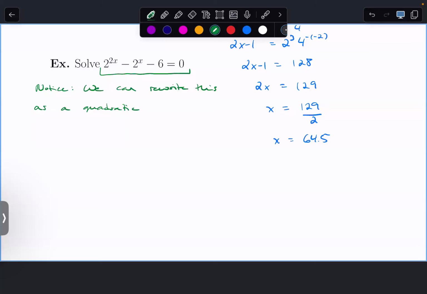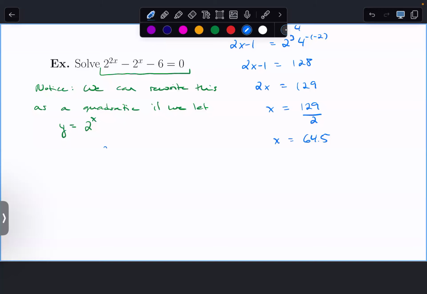If we let some new variable y be, probably, 2 to the power of x. So we're introducing this 2 to the power of x, which is the sneaky part.